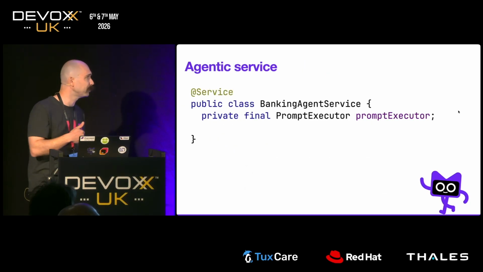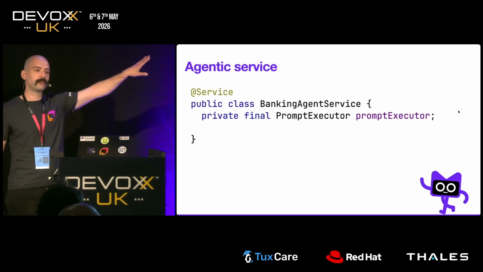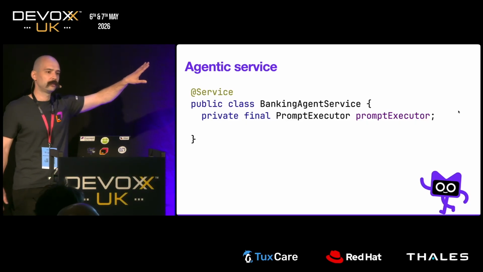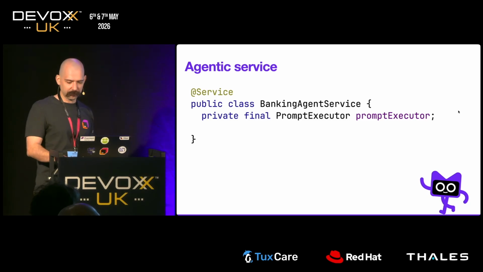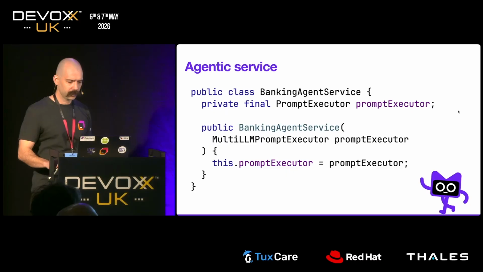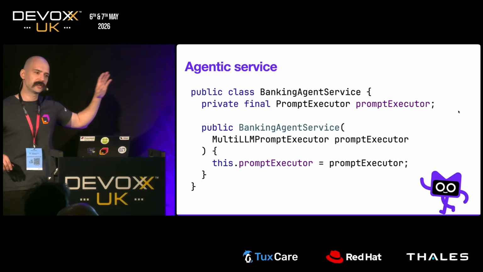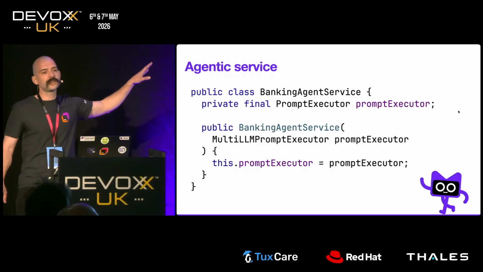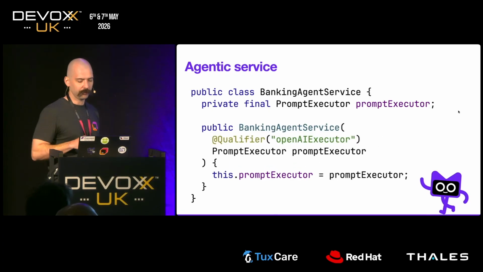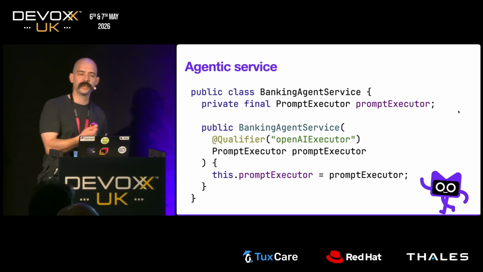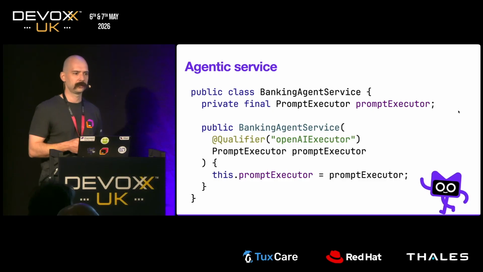So by setting up Spring AI, you can automatically inject the prompt executor from Koog, right? So the prompt executor is now delegating to the Spring AI infrastructure. And then we can use a multi-LLM prompt executor to say, hey, I want this prompt executor to work over all the models that I've configured, or you specify a specific qualifier saying, hey, I want a prompt executor specifically only for OpenAI, right?